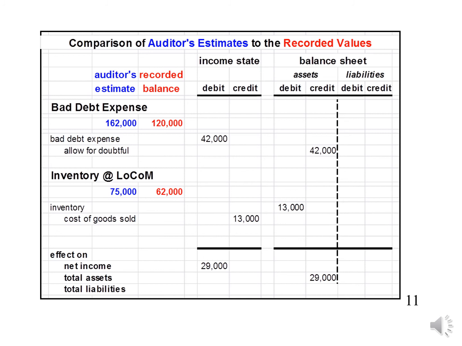A debit on the income statement reduces net income, and a credit on the income statement increases net income. So that's pretty easy. On the balance sheet, I might want to split it up between assets and liabilities, or current assets and non-current assets, current liabilities. I may get a little bit more sophisticated than just these two columns for assets and liabilities, but I'm going to keep it simple.